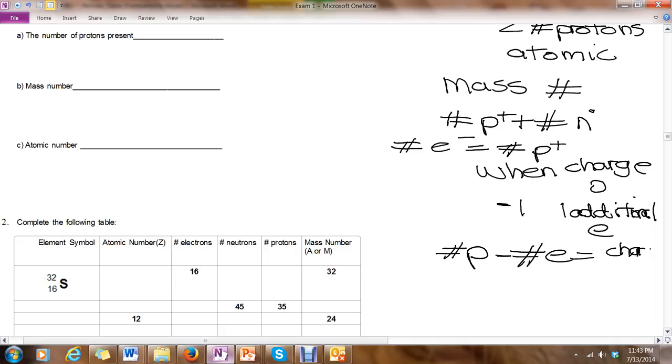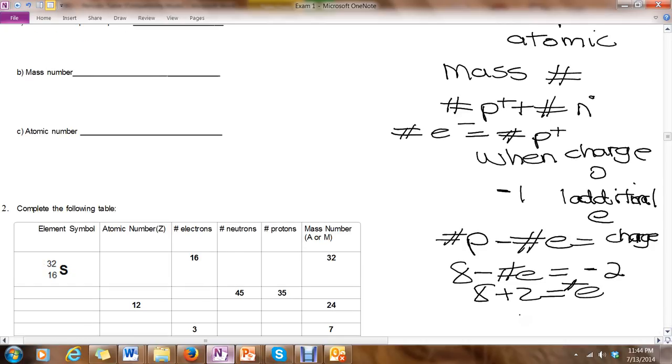An example: let's look at oxygen, where the number of protons is 8, minus the number of electrons, which you don't know, equals -2, with a charge of -2. That means that the number of electrons in oxygen -2 would be 10. It has 2 additional electrons.